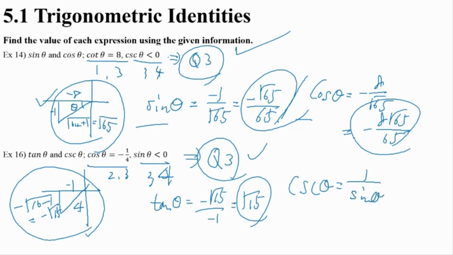The sine is a negative number. So anyway, plug in that. So 1 over sine theta will be negative square root of 15 over 4 flipped, which means -4 over square root of 15, and rationalize: -4 square root of 15 over -15.